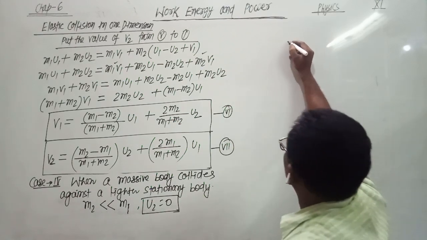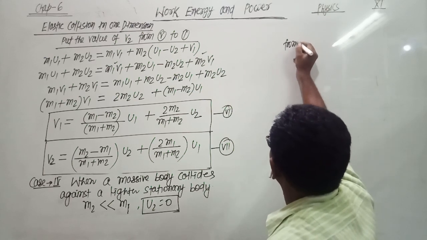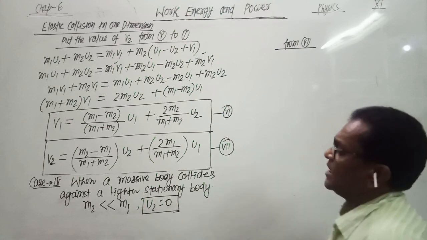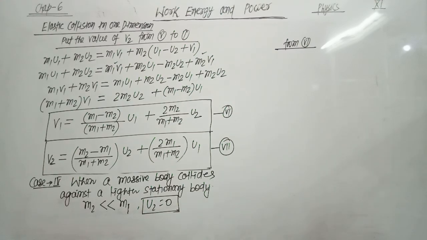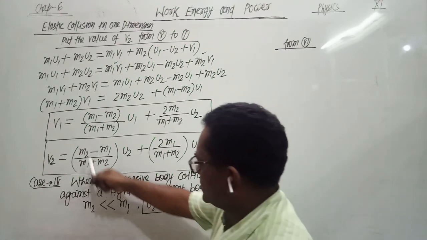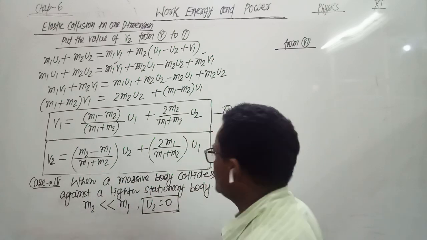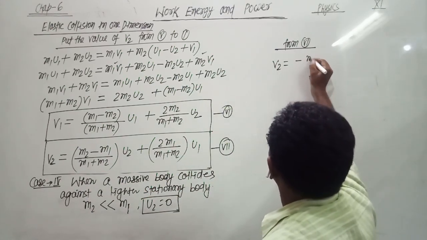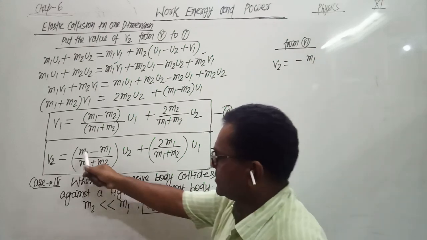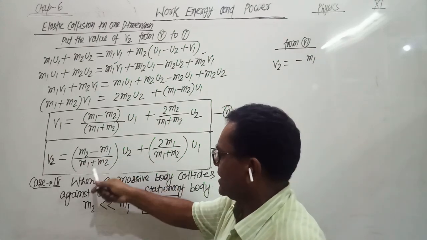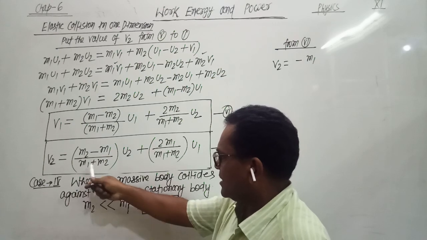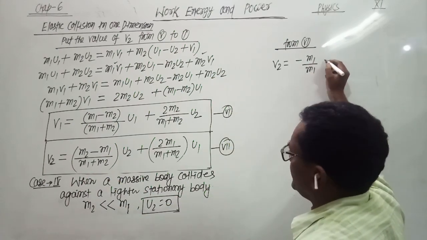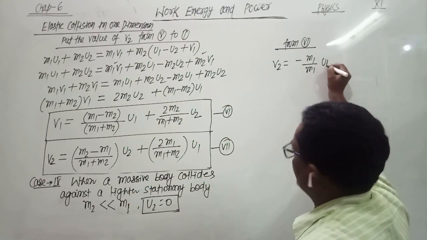So from equation number 6, M2 is much less than M1. So M2 will be ignored. So V2 equals minus of M1, we ignore M2, minus M1 upon M1 into U1.